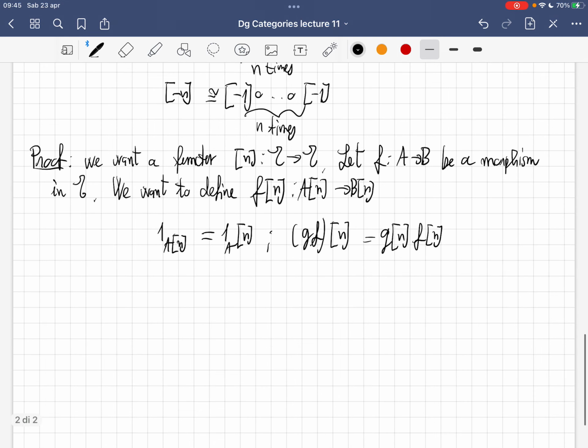The strategy, this will be essentially the key argument of this whole lecture, is always to use representability.